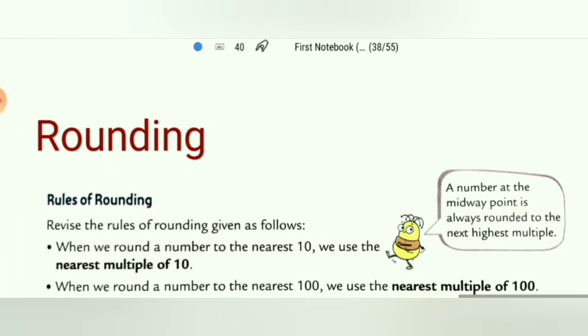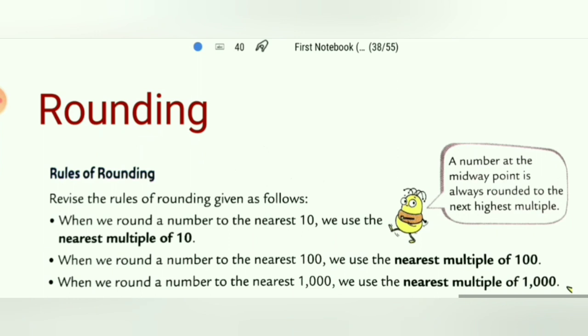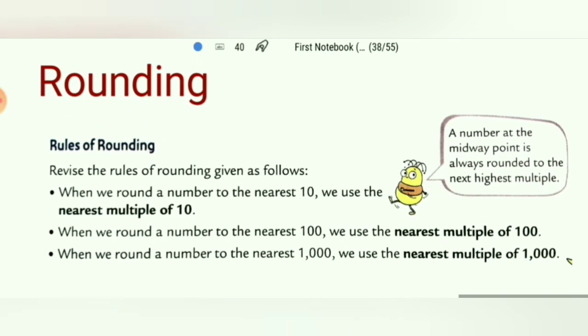This exercise is completed. Now we will come to the next topic, that is rounding. Rounding means there are many rules for rounding off, like nearest to 10, nearest to 100, then 1000. How will we do it? See, rules of rounding on the same page, page number 17.